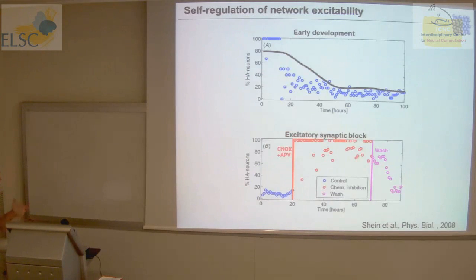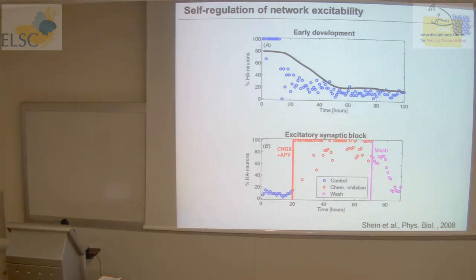Now, another example is from a study that we did several years ago. If you remember, I noted those cells that fire between the bursts that are more active than the rest of the cells in the network. If you look at the fraction of these cells in situations where the activity levels are very low in the network, for example, at early development, you will see that you have much more cells like that, and their fraction is reduced as the network matures and the activity intensifies.